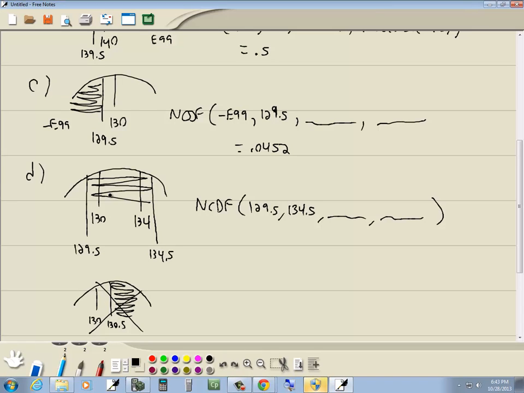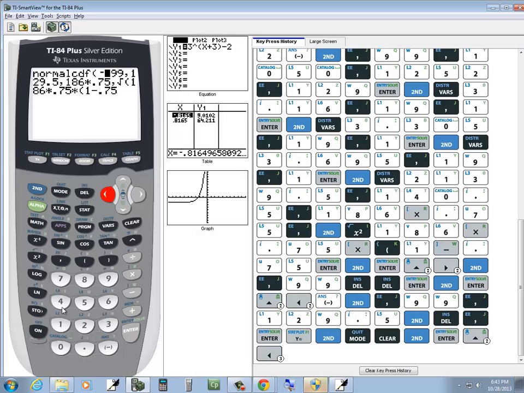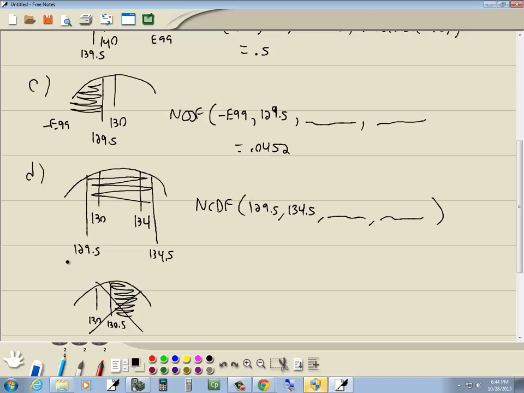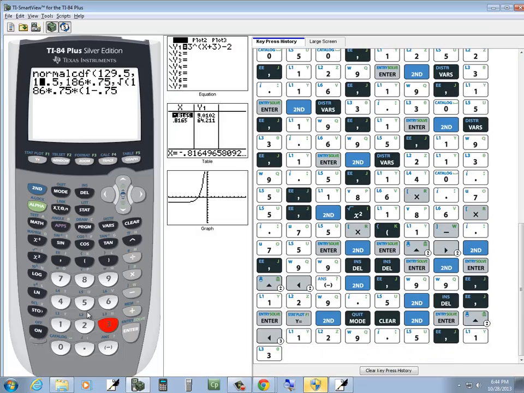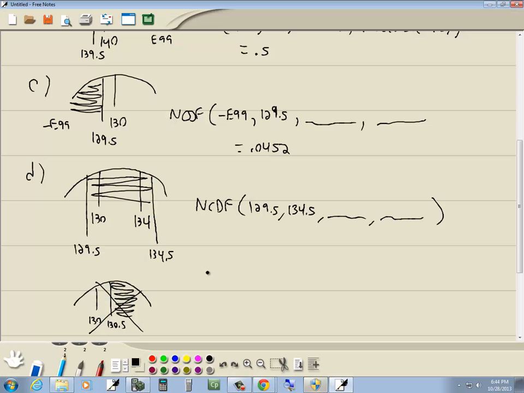And this is 129.5, comma, 134.5. Now throw it in insert mode, second delete, 5, and then enter. 0.1534.